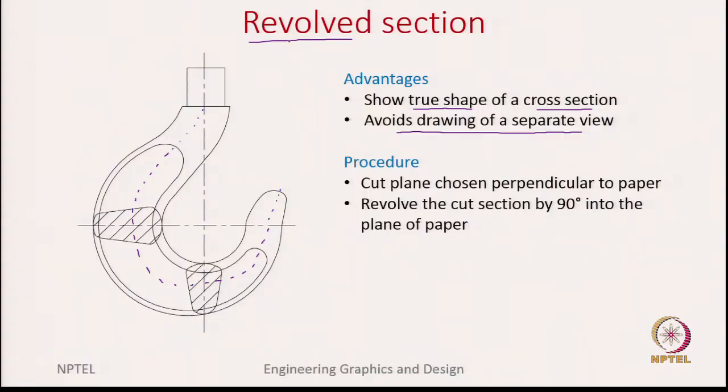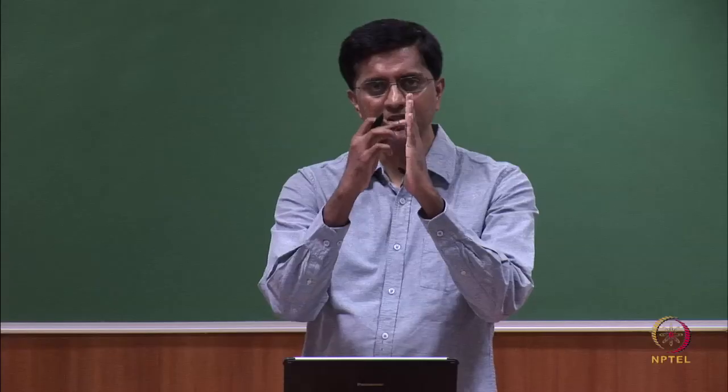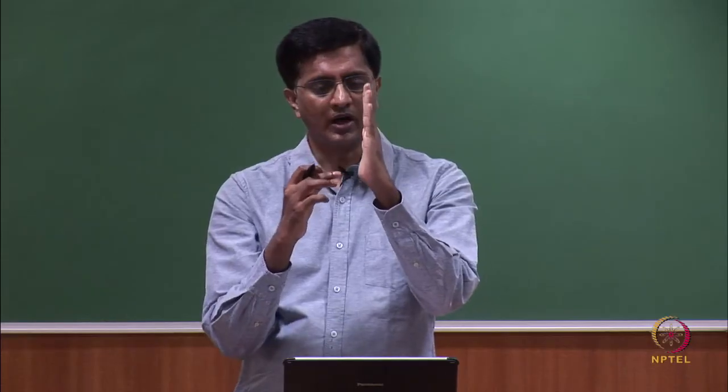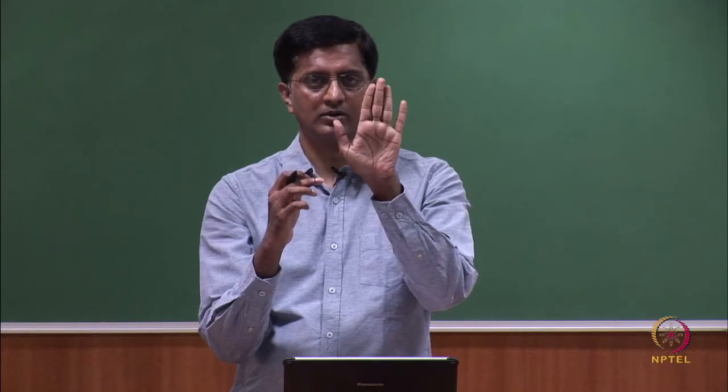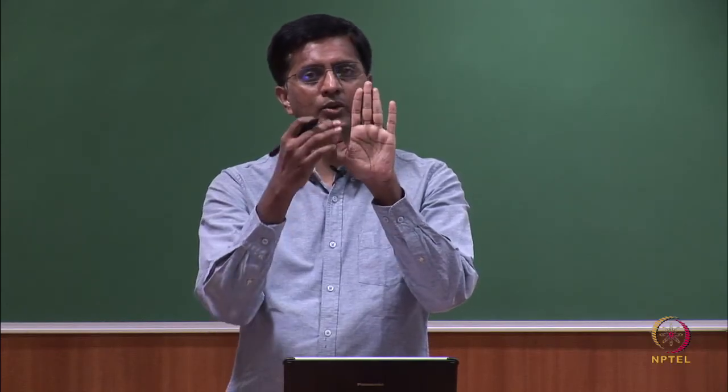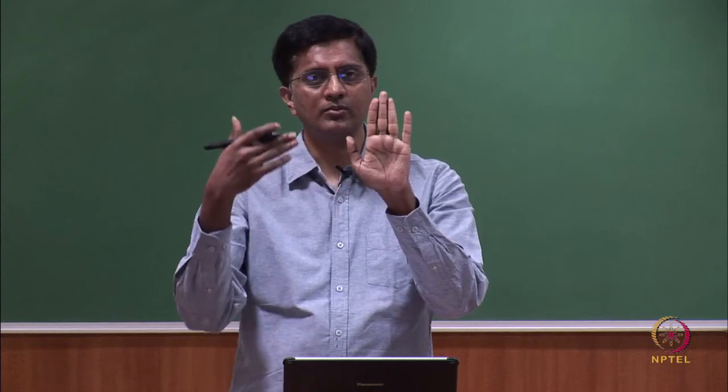But let us see again, coming back to the question of why they are called revolved sections. The reason is, after you cut, so let us say this is the cut line, the cut plane is perpendicular. So, you capture the section area on this cut plane, but after you capture it on the cut plane, you have to rotate the cut plane so that now it is in line with your primary view.